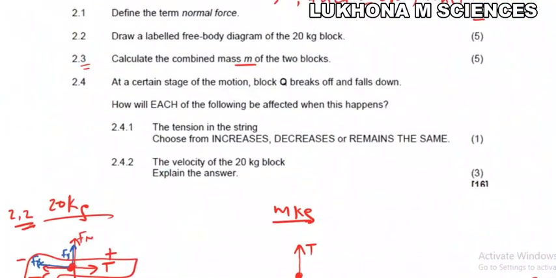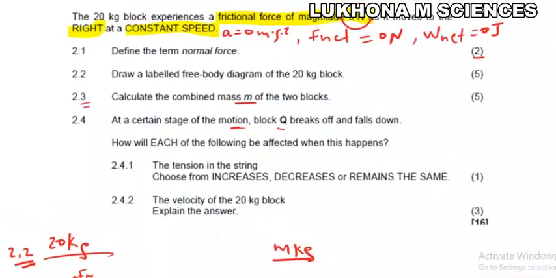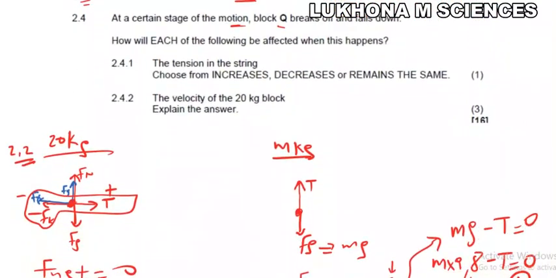Then the following question says, at a certain stage of the motion, block Q breaks off and falls down. How will each of the following be affected when this happens? What will happen with the tension? Let's go to the free body diagram.